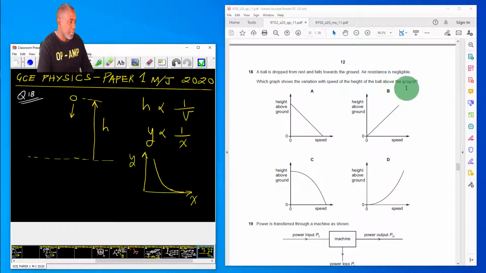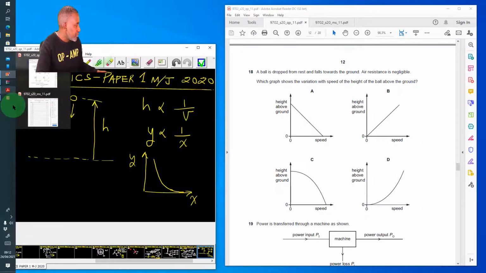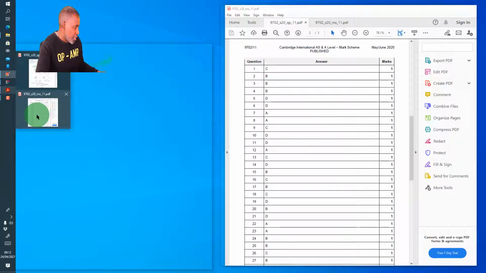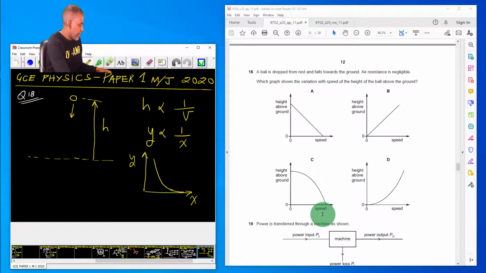Height of the ball above the ground, so it must be measured from here. That gives us the best choice to be C, but let's confirm that for number 18. So 18 is C, and indeed it's correct. So the correct choice for question 18 is C.